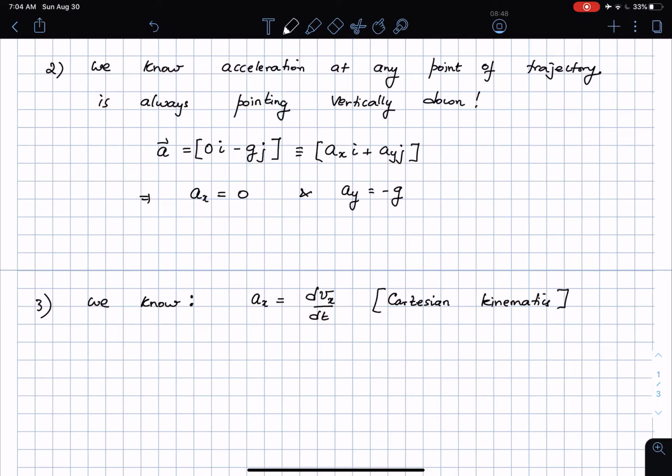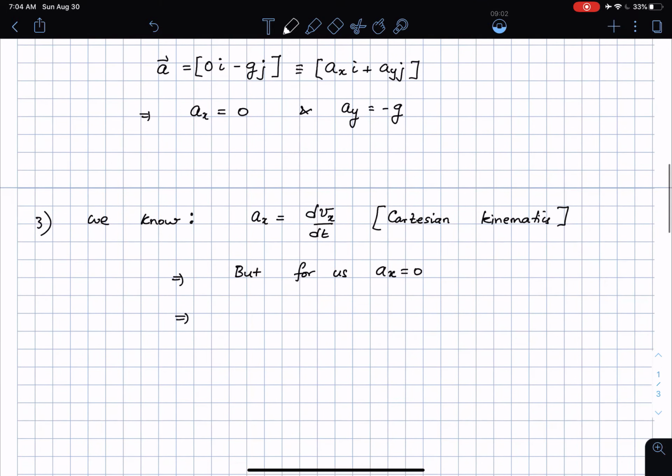If I now do the substitutions, for us ax is equal to 0, which implies that dvx by dt in the x direction is going to be 0.